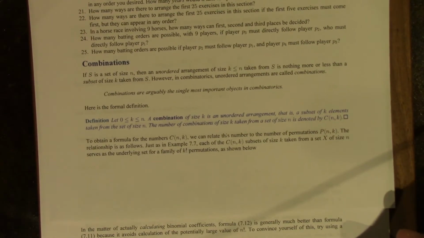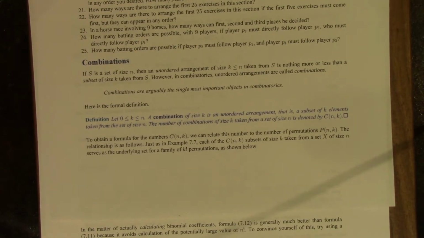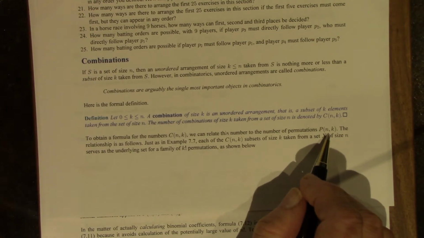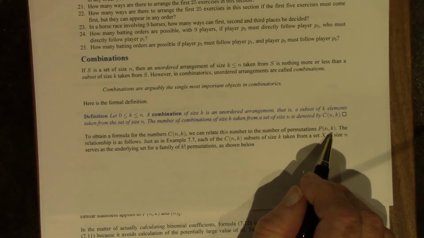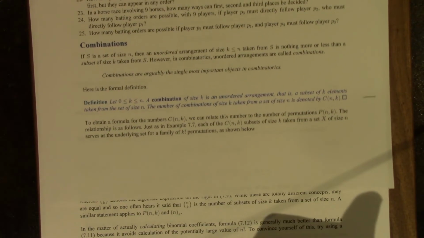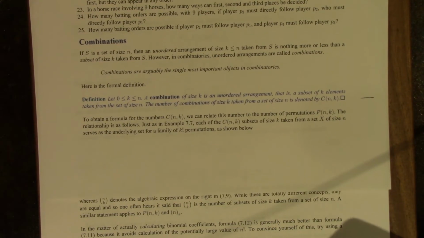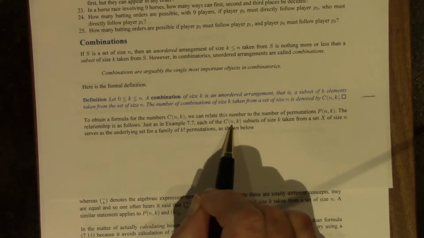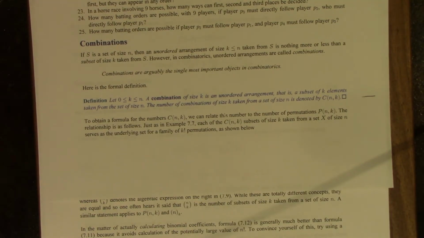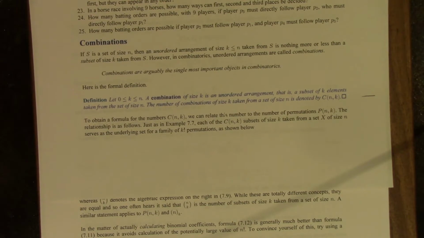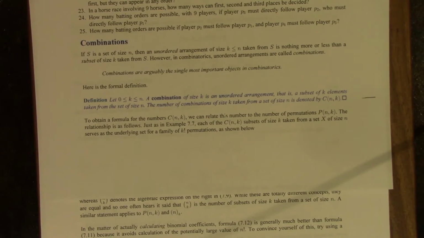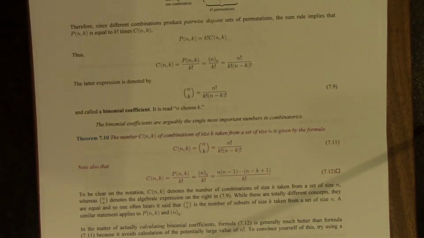To obtain a formula for Cnk, we can relate this number to the number Pnk, and we already have a formula for that. So, just as in an earlier example, each of the Cnk subsets of size k taken from a set of size n serves as the underlying set for a family of k factorial different permutations.